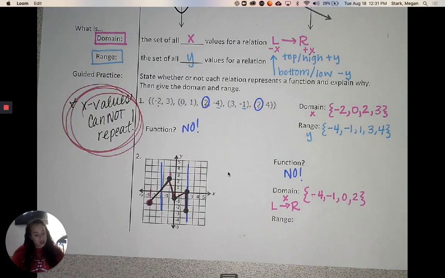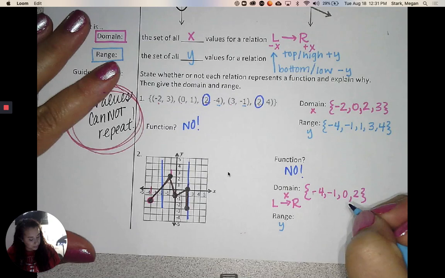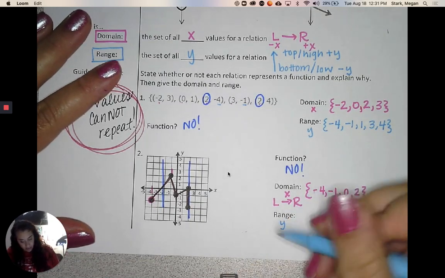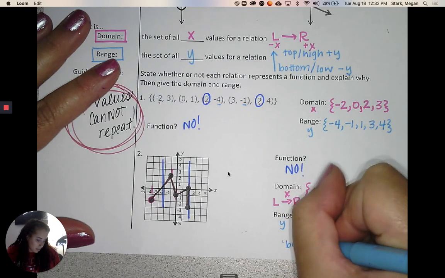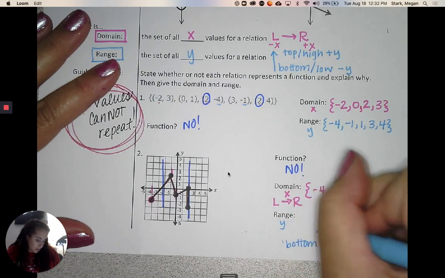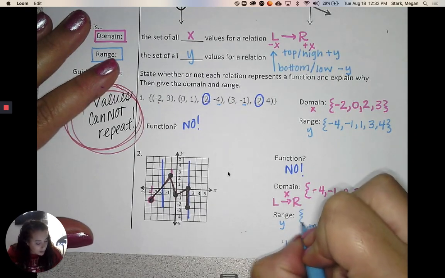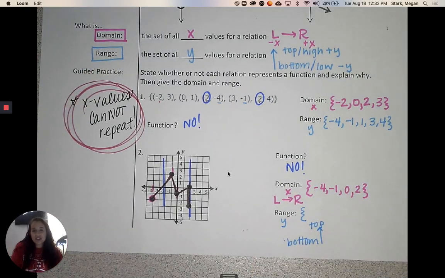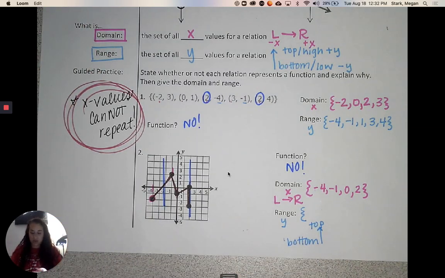Okay. Our range, reminder, is our y values, and they go from bottom to top. Okay? So our points are going to be in a little bit different order. So we're going to find the lowest point and we're going to go to the highest point.